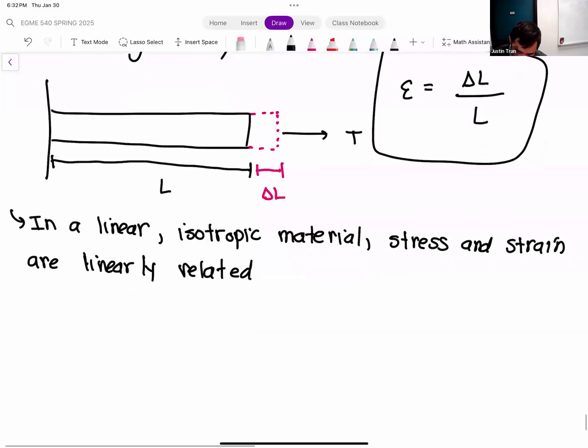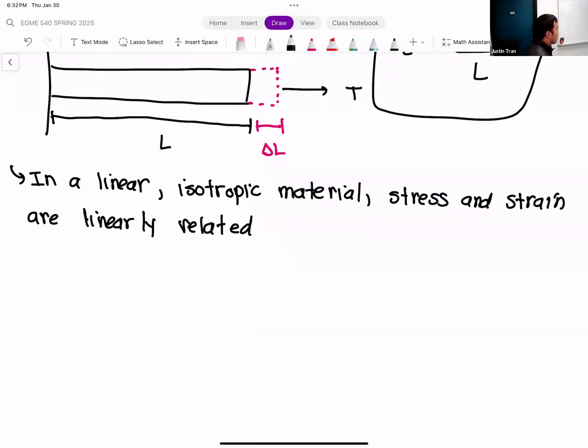And in fact, they're related according to a formula that you've probably seen a lot in your previous strength of materials classes, which is Hooke's law. Hooke's law basically says that the stress in a linear isotropic material is equal to the Young's modulus multiplied by the strain.